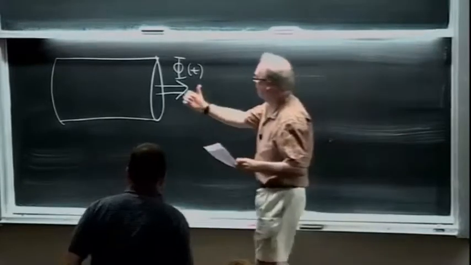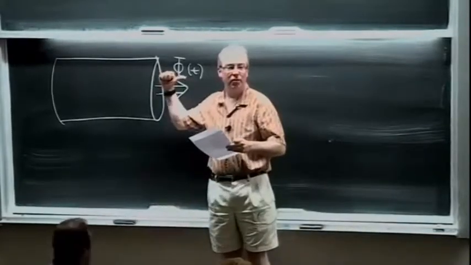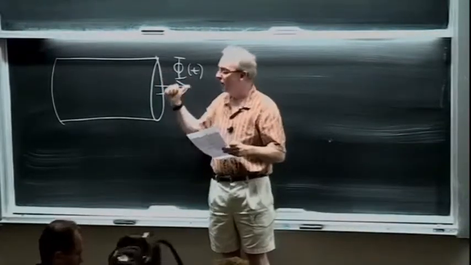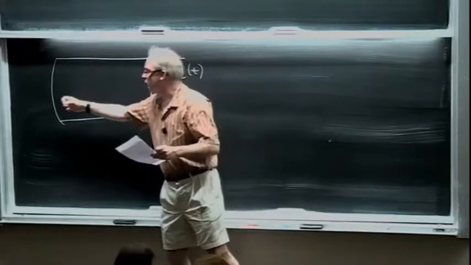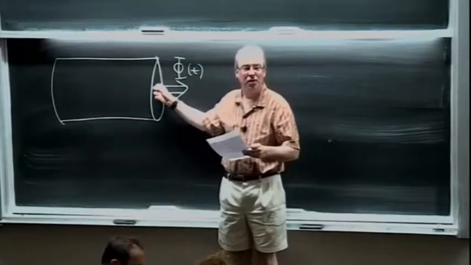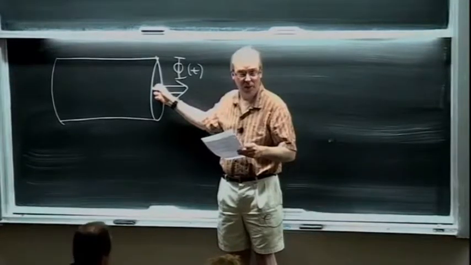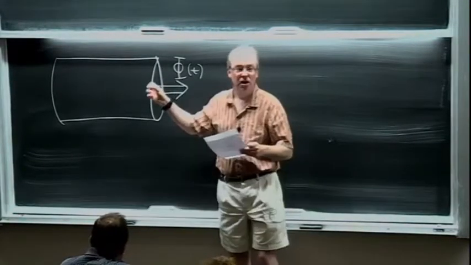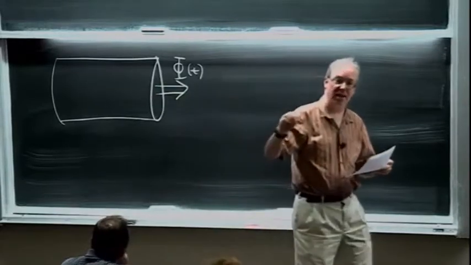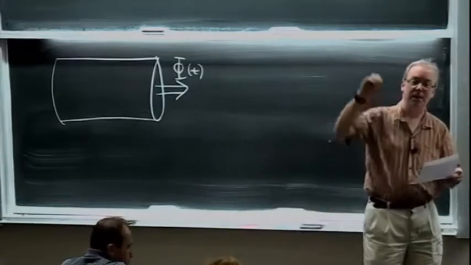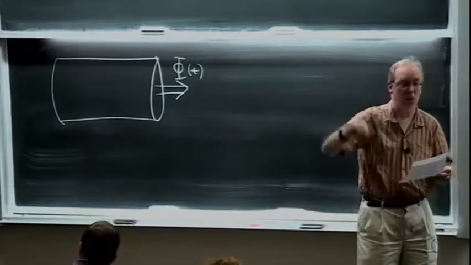When we threaded a quantum of magnetic flux through the cylinder, then an integer number of electrons could be pumped across the sample, and that integer then told us that the Hall conductivity had to be that integer multiple of e squared over h.